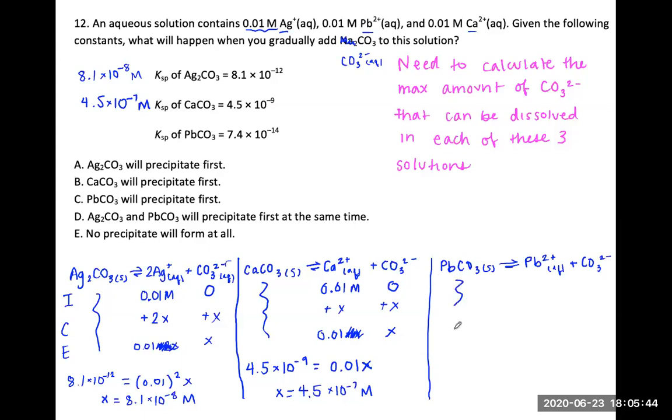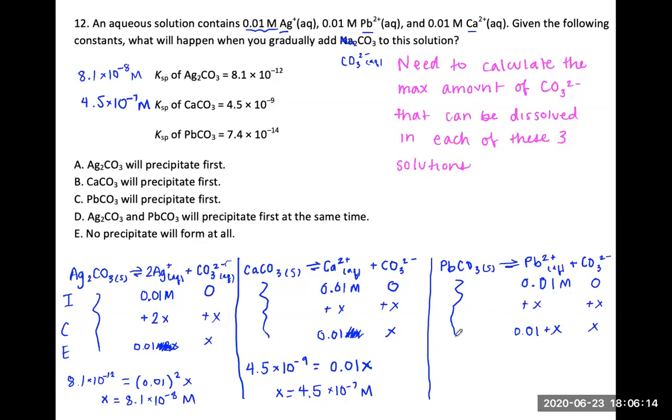So again, we're not going to include our solid in our ice table. They told us we have 0.1 molar of the lead, so 0.1 there, or 0.01, excuse me. None of the carbonate yet. The change for this will be plus X, plus X. So we will end up with X and 0.01 plus X.